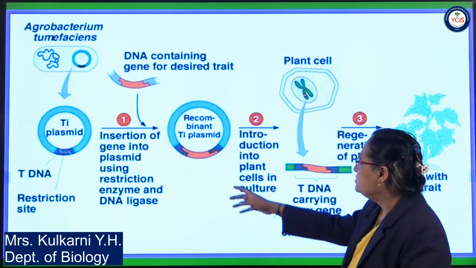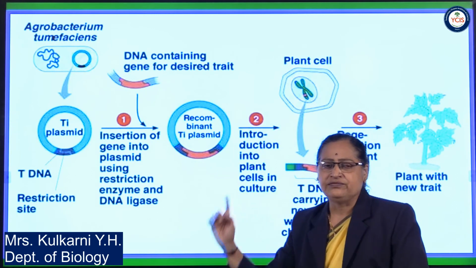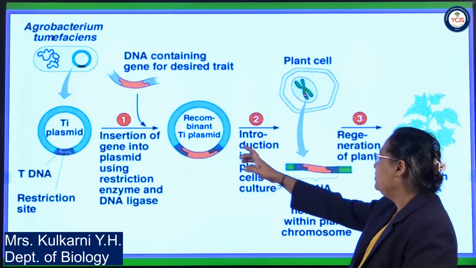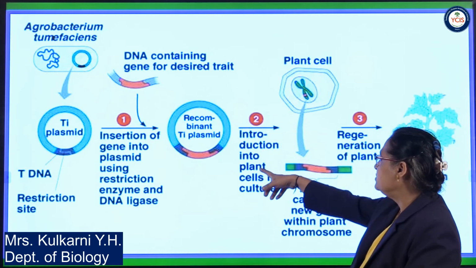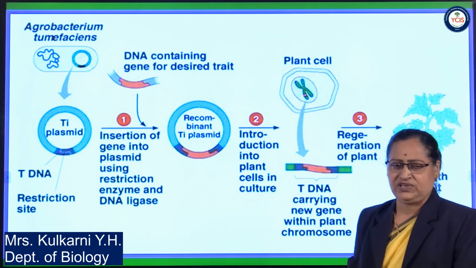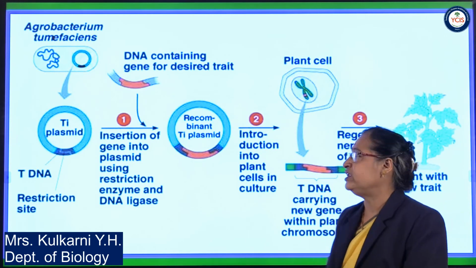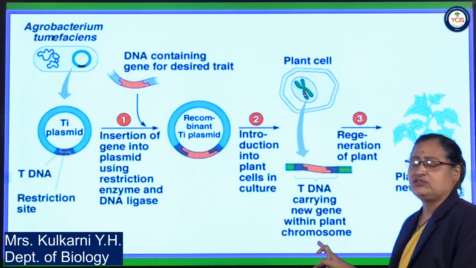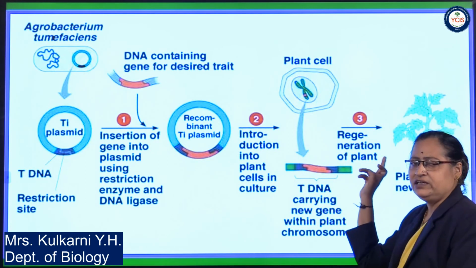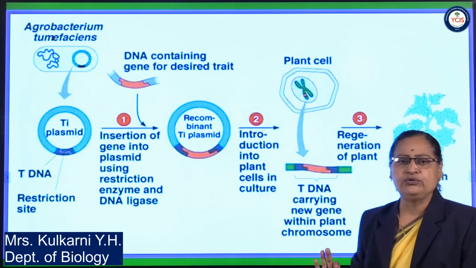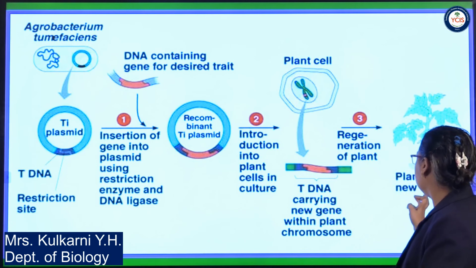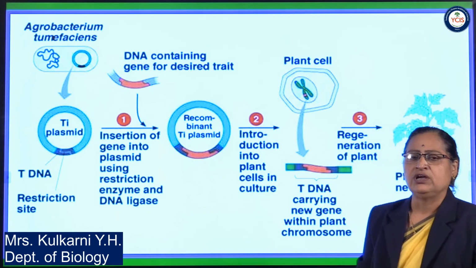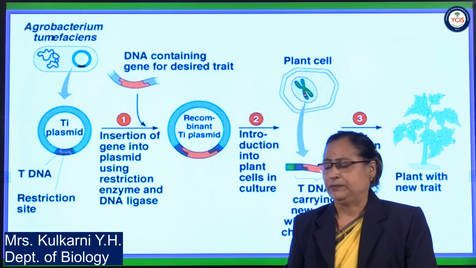When it is inserted into infected cells, it removes this tumor, and afterwards this foreign DNA along with new DNA is inserted into plant cells and again grows into a fresh culture, and in this way this T-DNA carrying the new gene with the plant chromosome, and finally a new plant is produced, that is it forms a new transgenic plant, means a new plant which is produced which does not contain tumor.